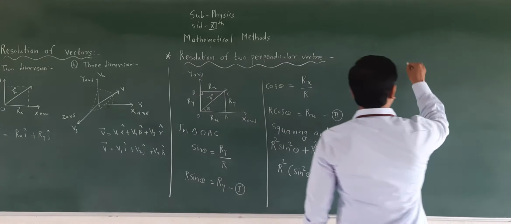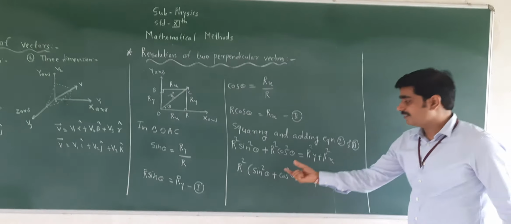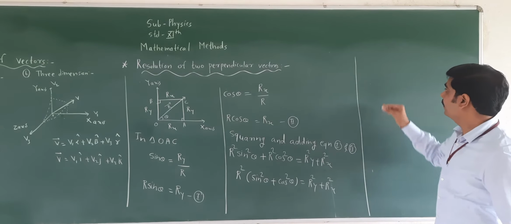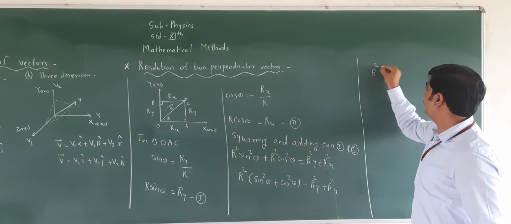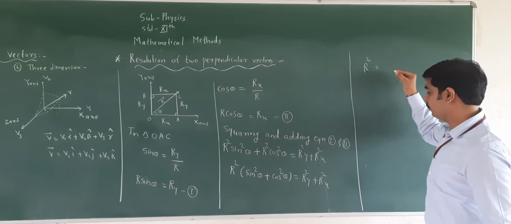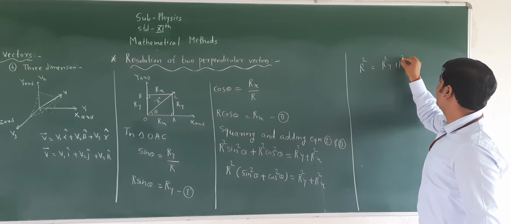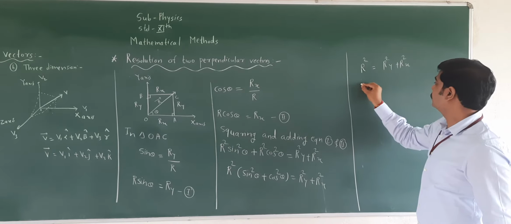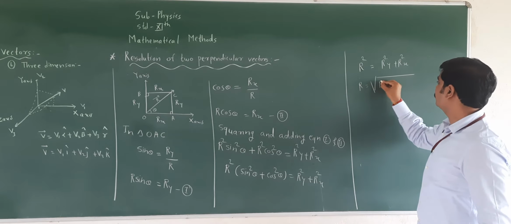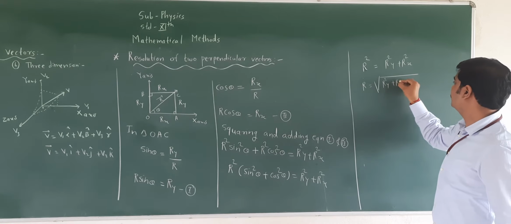Friends, in standard 10 in trigonometry we have seen the identity sin square theta plus cos square theta is equal to 1. Hence we can write r square is equal to r square y plus r square x. So if we want the value of r, we can take the square root. So r is equal to under root r square y plus r square x.